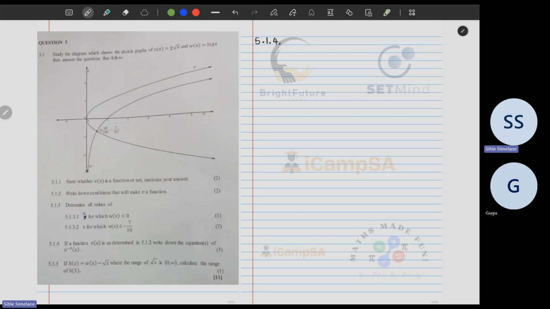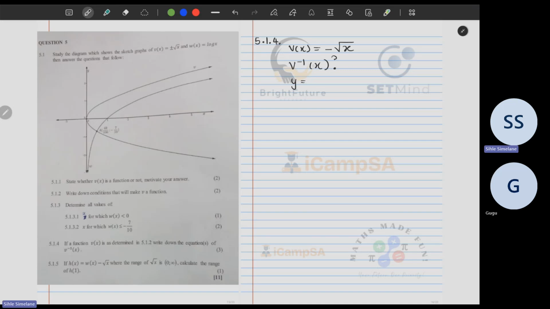So our v of x, now what we need to do is to figure out the inverse. Remember, we took the minus root, so our v of x was restricted such that we focused on this. Now they are saying, what is the inverse?